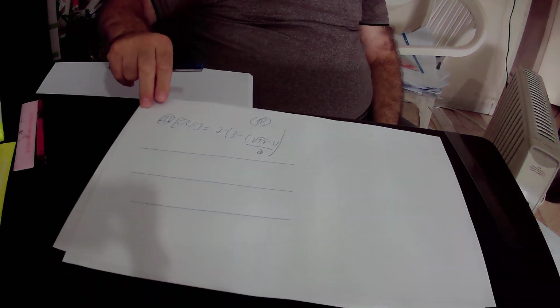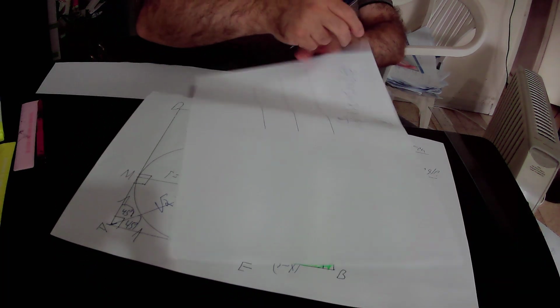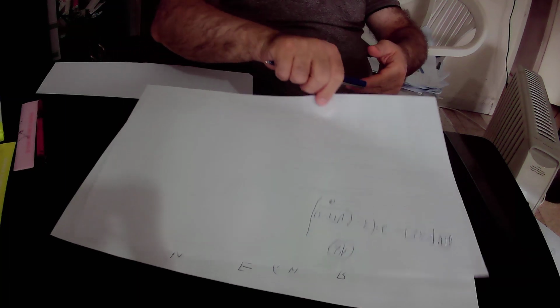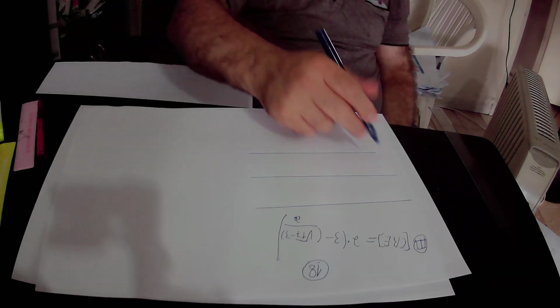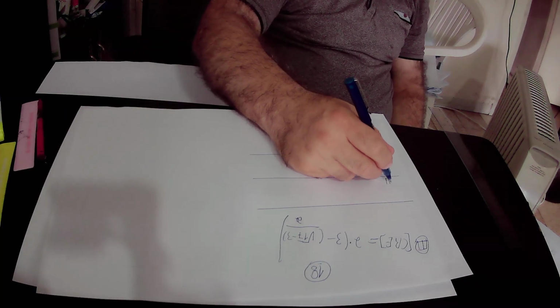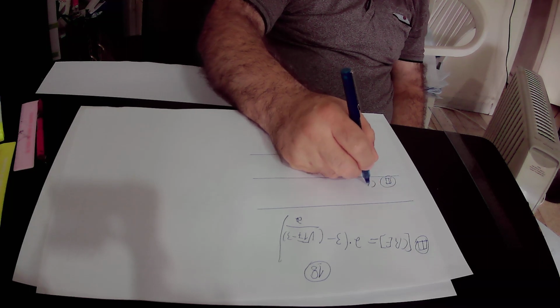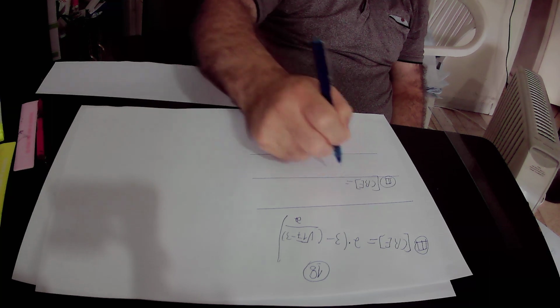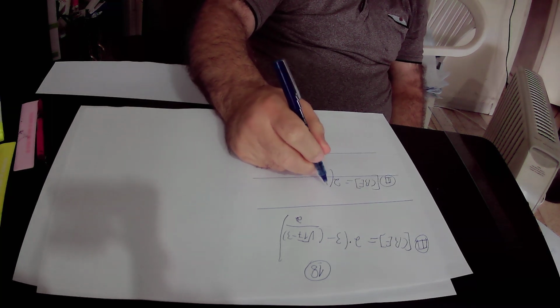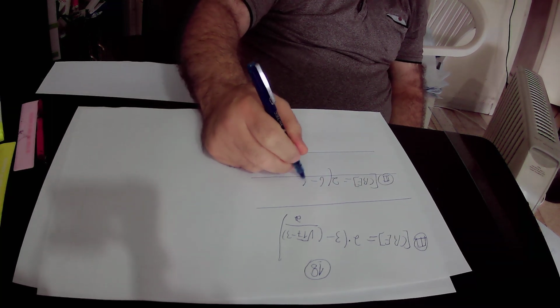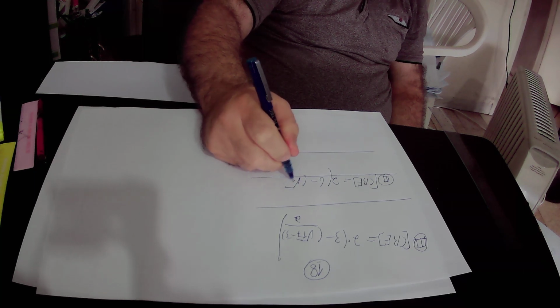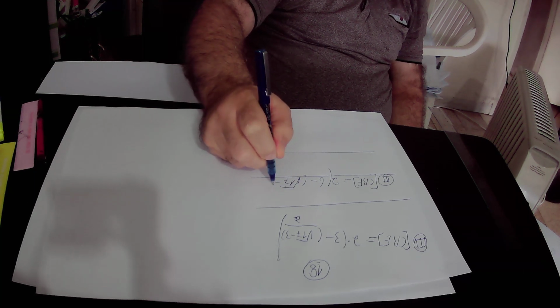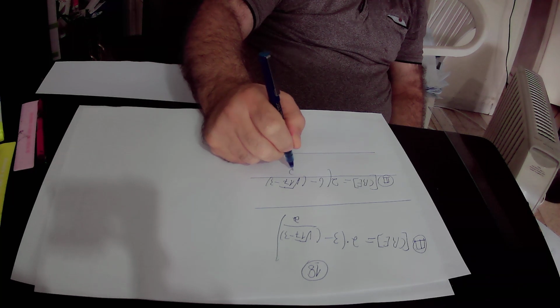And we will get that the area of the green right triangle CBE, according to equation number 3, equals 2 times 6 minus square root of 17 minus 3 over 2.